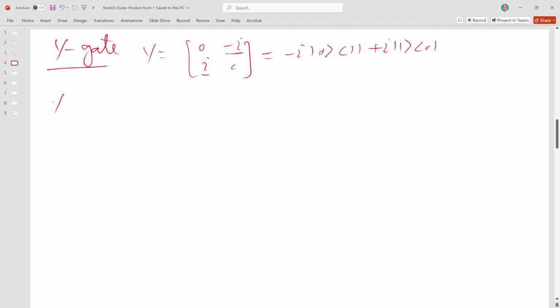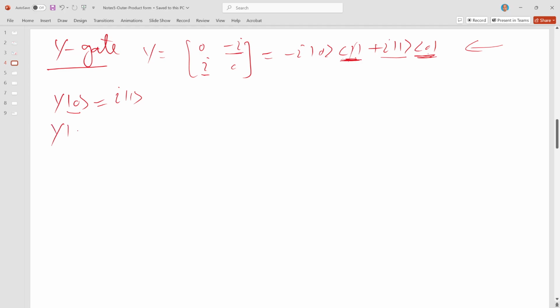So now if I want to see what happens when Y is applied to |0>, all I have to see, so you see |0> has to come from this side, and it has to inner product with this one and this one. So since this is |0>, this is orthonormal to this, so with this its inner product goes away. So with this its inner product is 1, and I'm left with this term, so i|1>.